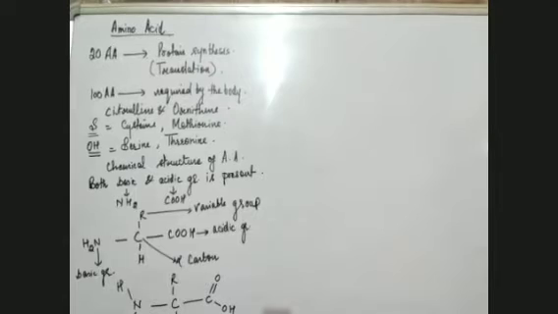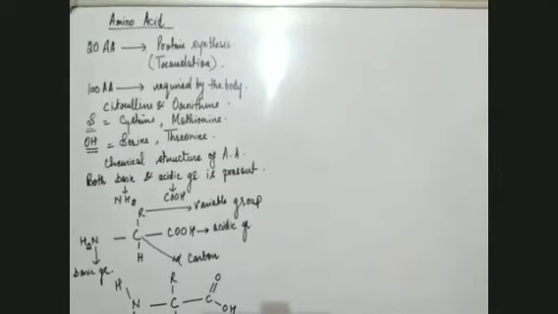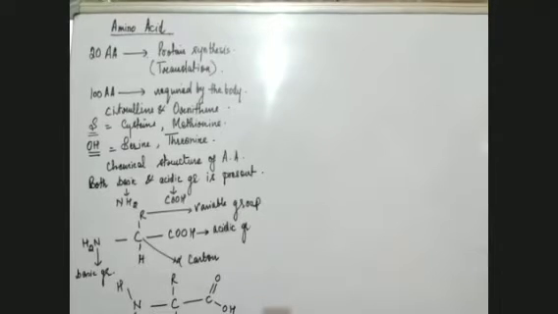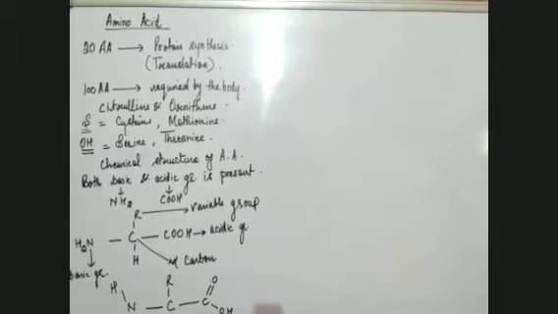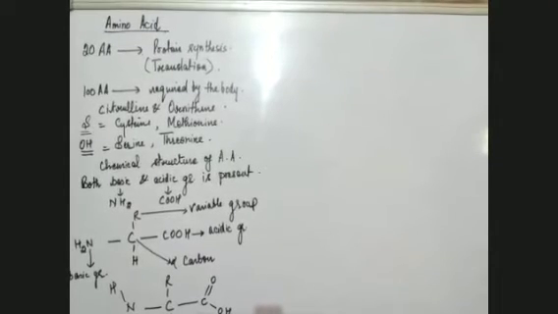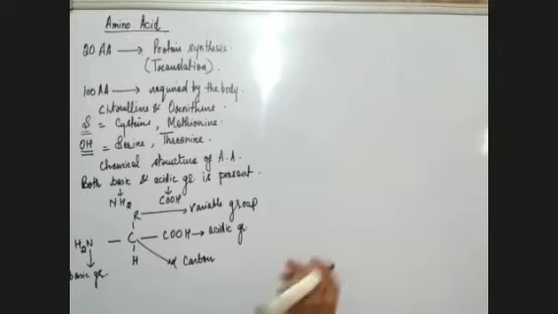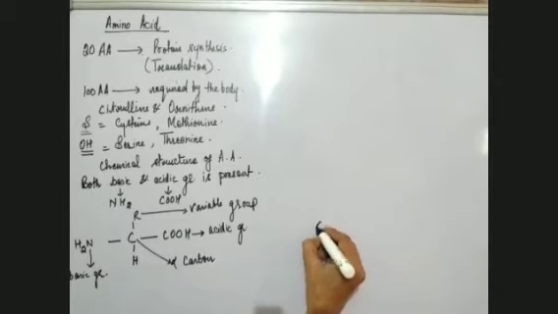Just a minute, beta. I'm just trying to show you the expanded chemical structure of amino acid. Okay, I'll write again. I'll write somewhere else. I think this is not visible to you. I'll write over here. So what we have is carbon.